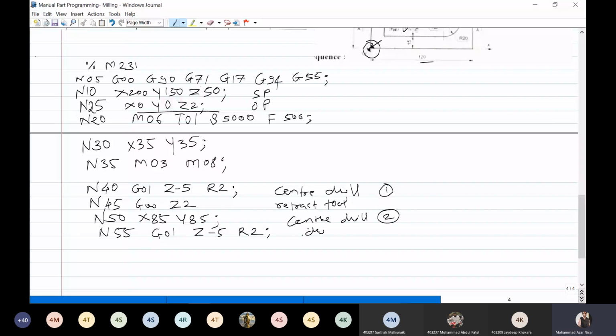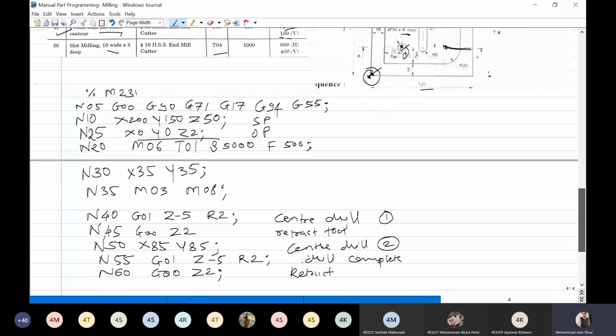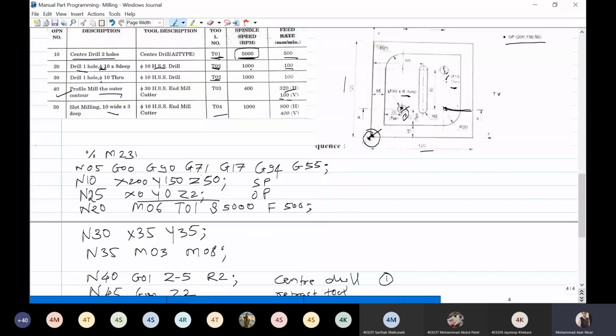Again you have to retract, N60 G00 Z2. So again this is the retraction position of the tool. Then next, we have completed this first operation.